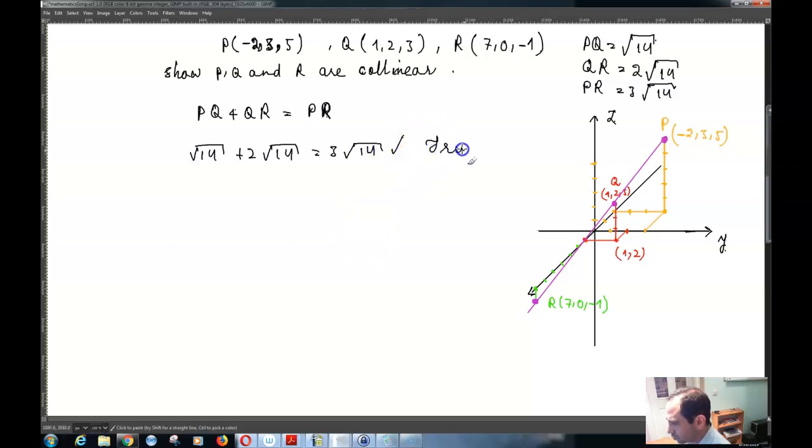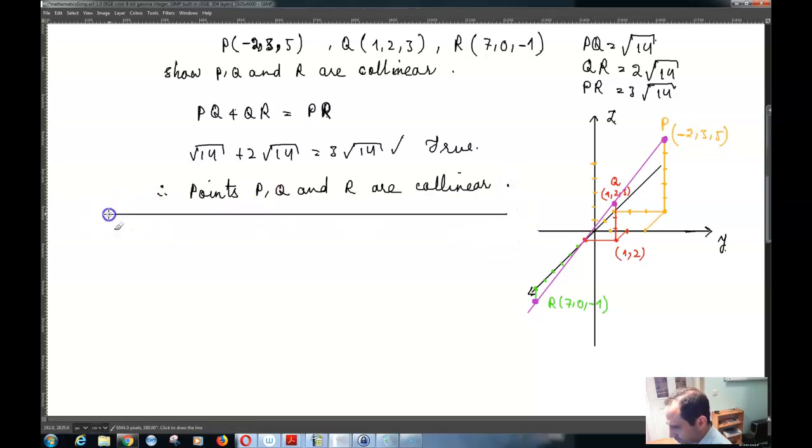It is true. Therefore, you can say that basically the points P, Q, and R are collinear. That's basically that.